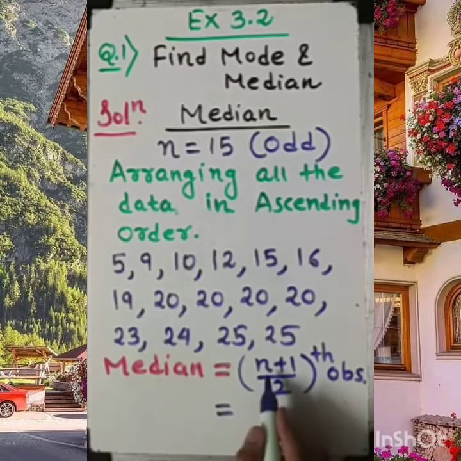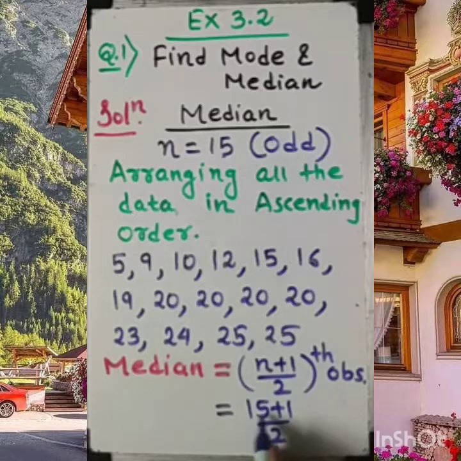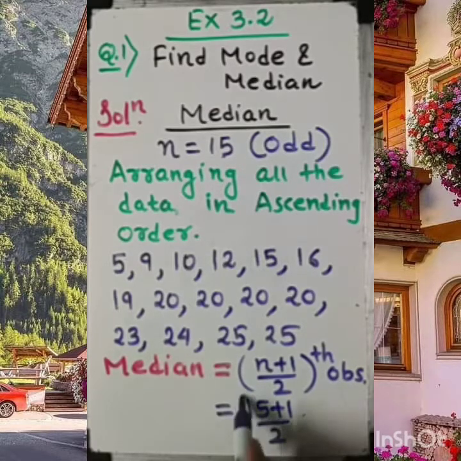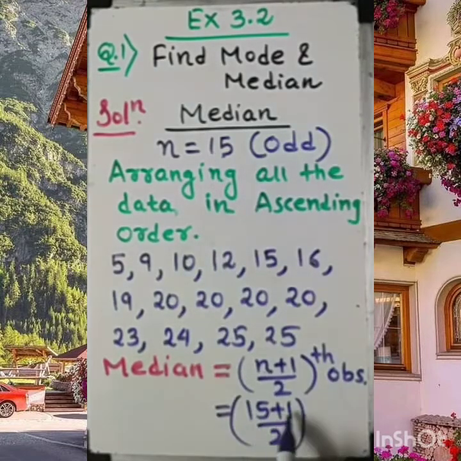So my dear student, in place of n, I need to write 15. 15 plus 1 by 2. 15 plus 1, of course, it is 16. 16 divided by 2. You need to mention here in bracket because n equal to 15. (15 plus 1) by 2th observation.